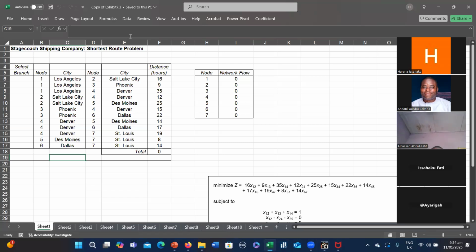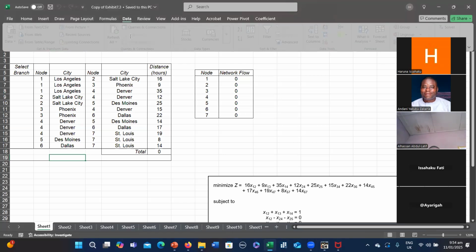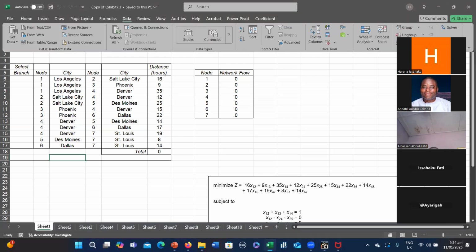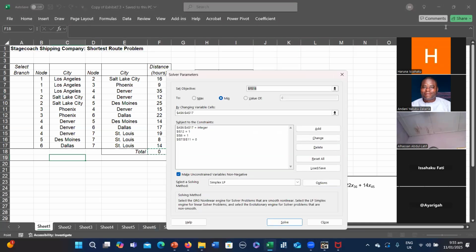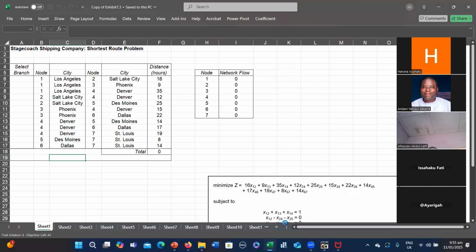So just to save time, once you open it, you can go to data with your solver, and then you can solve it.